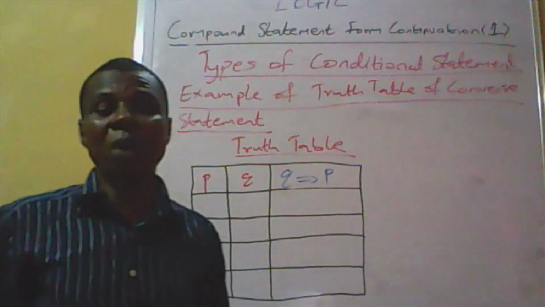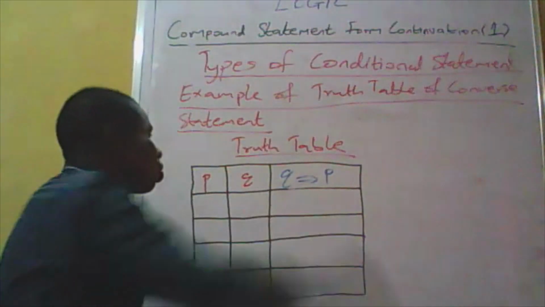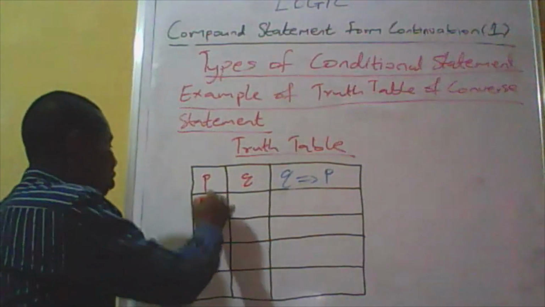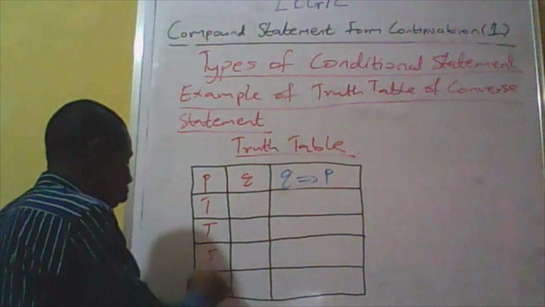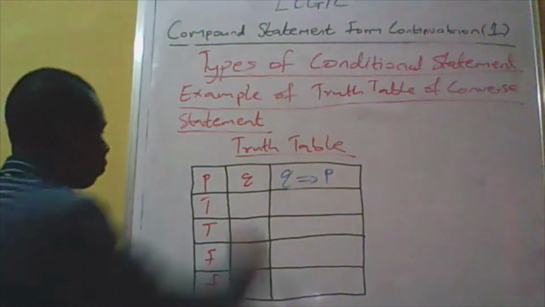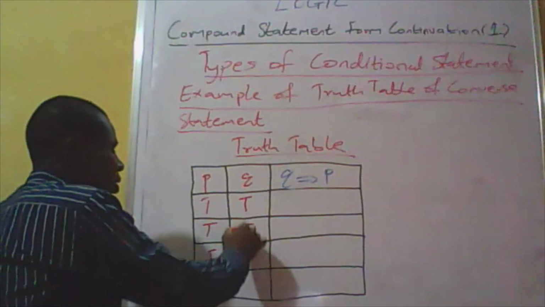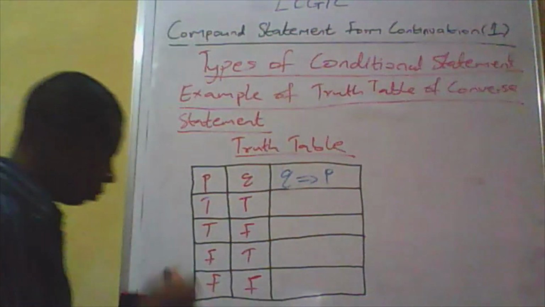That means 2 power 2 equals 4. That's why we have 4 rows. So we are going to assign TT to the first 2 rows and then FF to the last 2 rows. Then we write T here, F here, T here, F here.